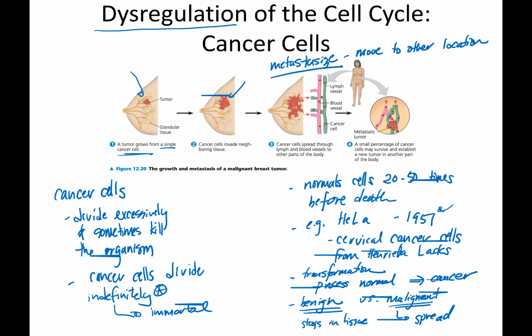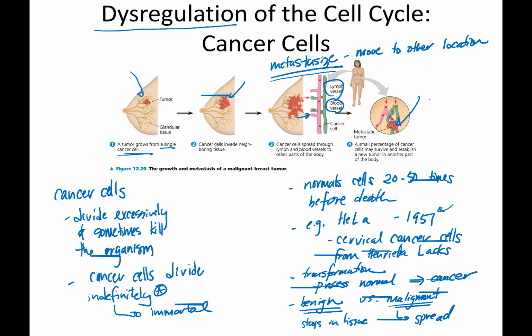So it's going to leave the breast tissue through the blood system or the lymph system and find its way to another part of the body, grow, and spread as a malignant tumor all over the body. And breast cancer is extremely metastatic, extremely aggressive. It loves to go to other locations. And if you don't catch it early, it can result in death.